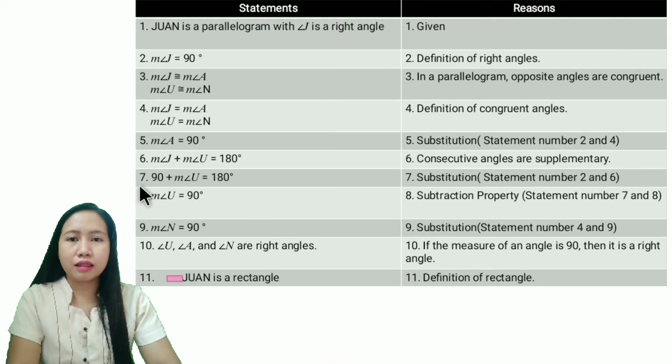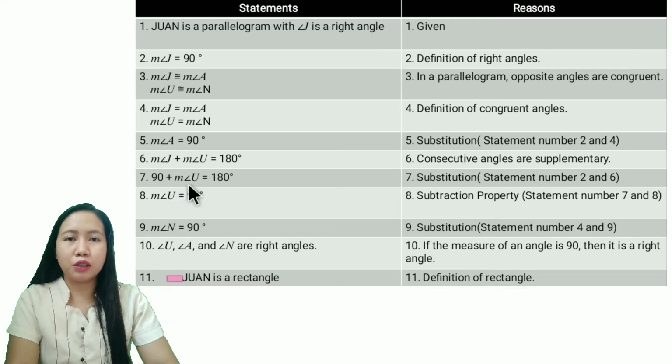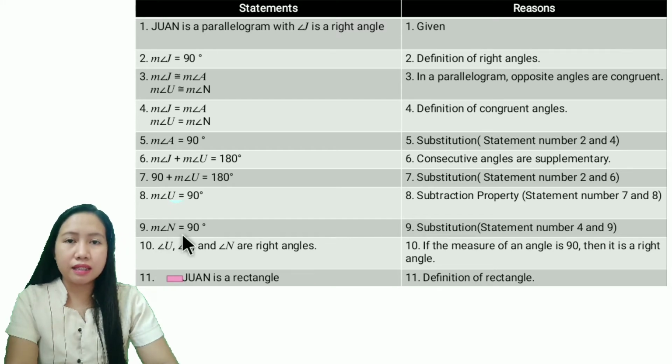Number 7, 90 plus measure of angle U is equal to 180 degrees. Reason: by substitution in statement number 2 and number 6. Number 8, measure of angle U is equal to 90 degrees. Reason: subtraction property in statement number 7. Next, number 9, measure of angle N is equal to 90 degrees, and the reason is by substitution in statement number 4 and number 8.